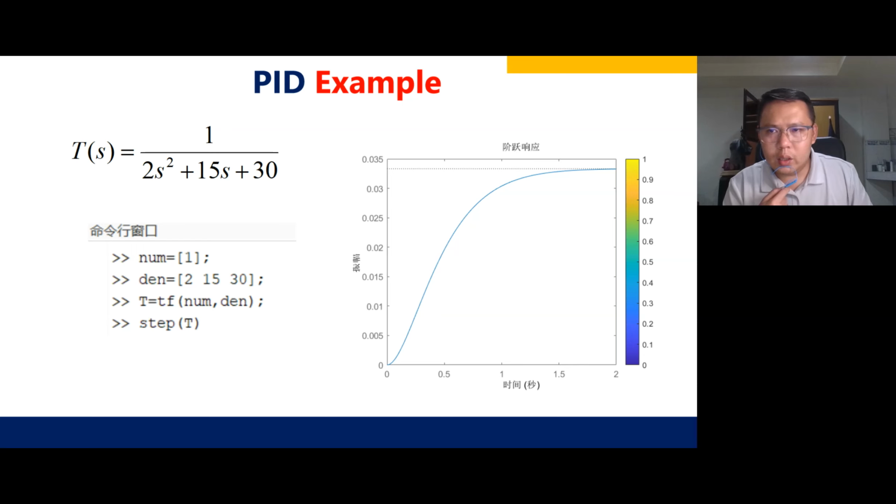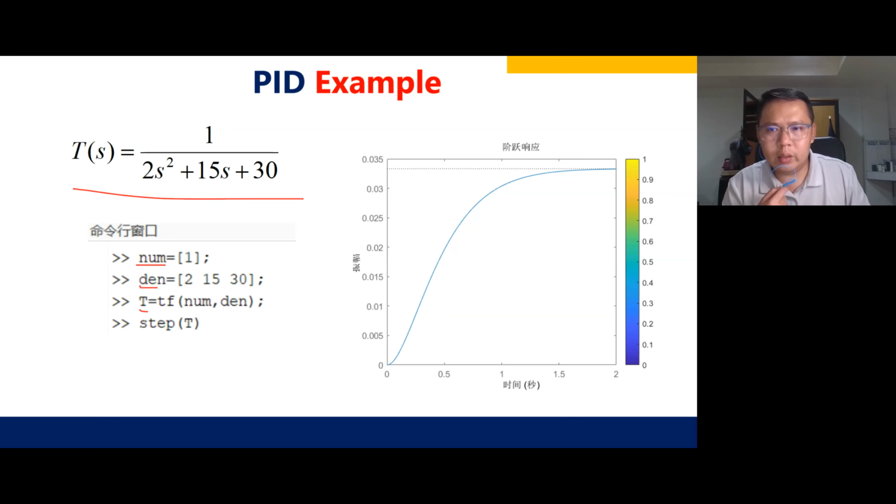For this expression, we use MATLAB to calculate. Input num equal to 1, den equal to 2, 15 and 30.